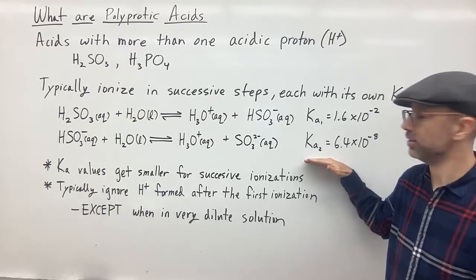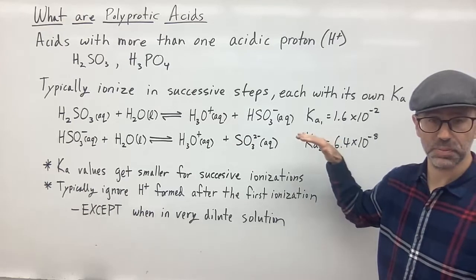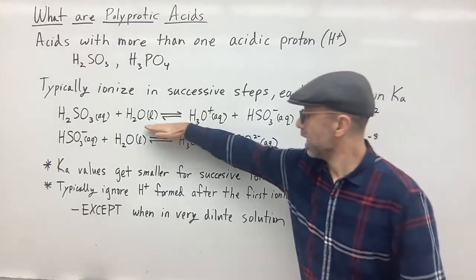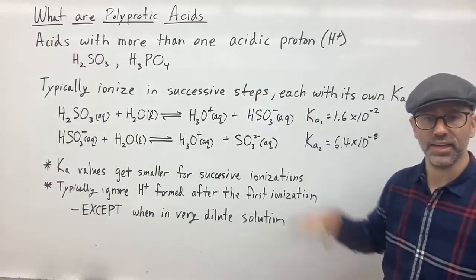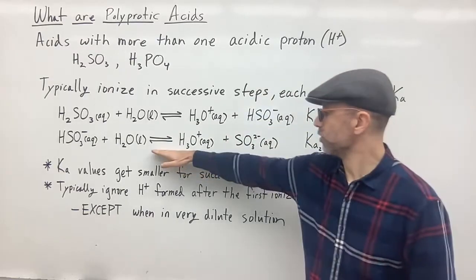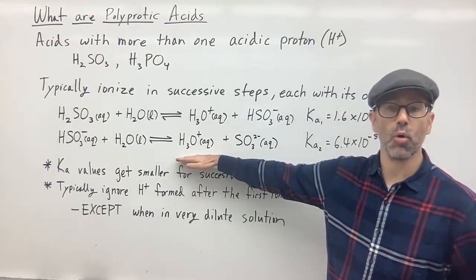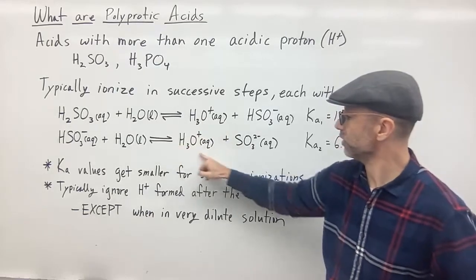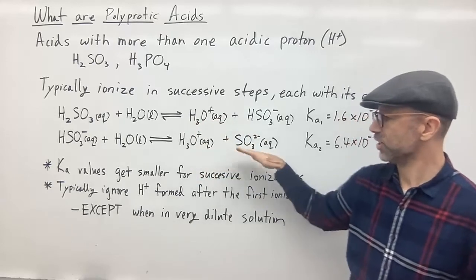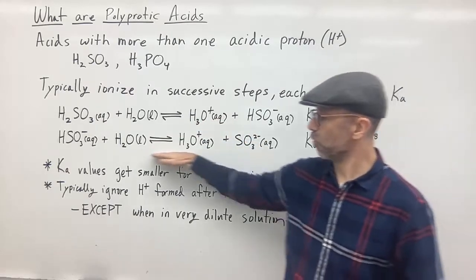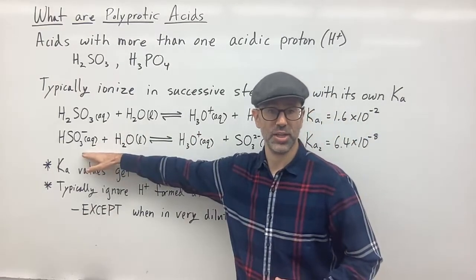Also, on top of that, we can typically ignore this because of Le Chatelier's principle. The first hydrogen coming off is going to do an H plus dump into solution, and that's going to cause this reaction to be more suppressed, because when you're increasing the amount of H plus from the first ionization, that's going to cause this equilibrium to go more towards the formation of the HSO3 minus.